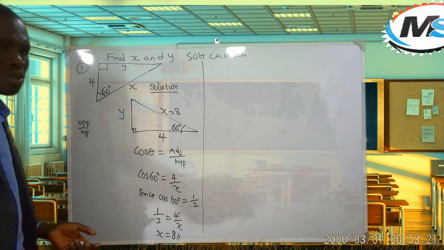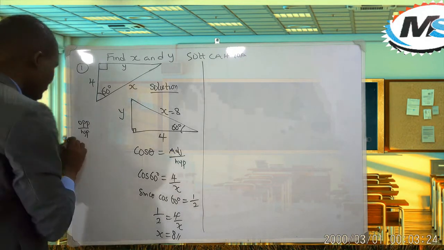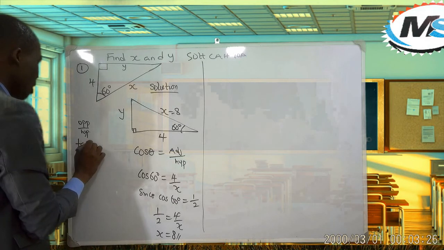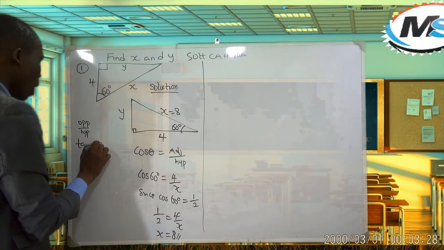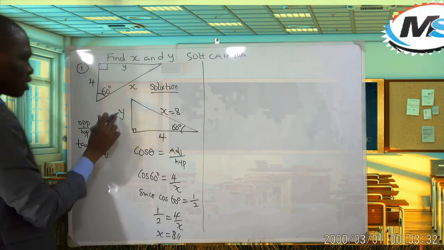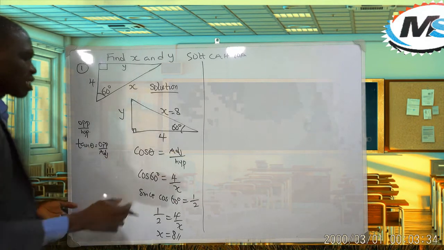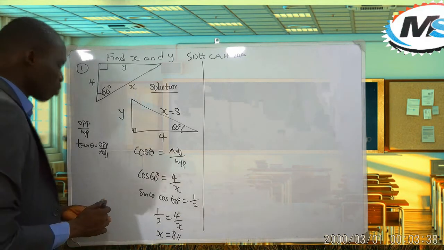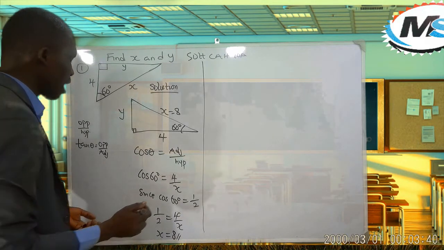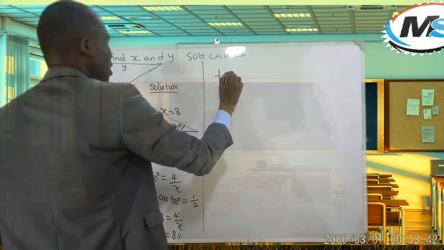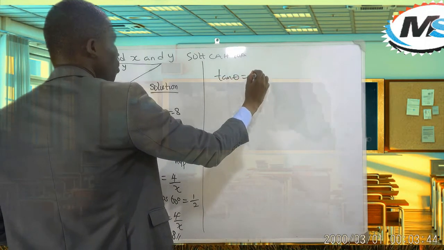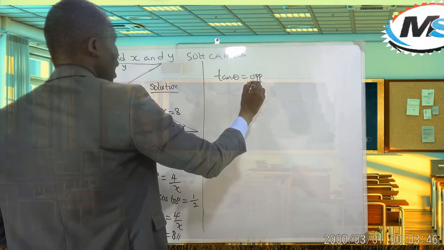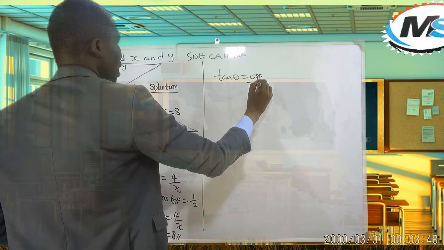Now if you use tan theta, tan theta is TOA, opposite over adjacent. This is opposite, this is adjacent. It will still give us our answer. So what are we going to use? Let's use tan theta. Tan theta equals opposite over adjacent, right?